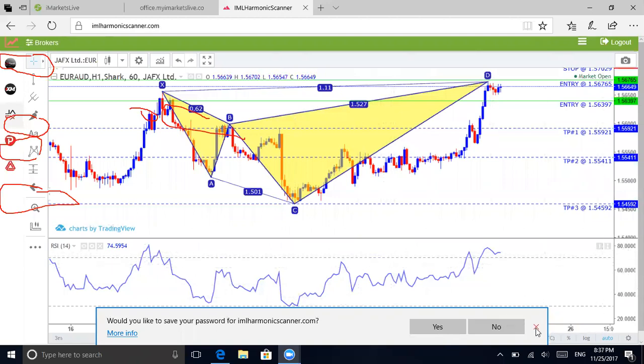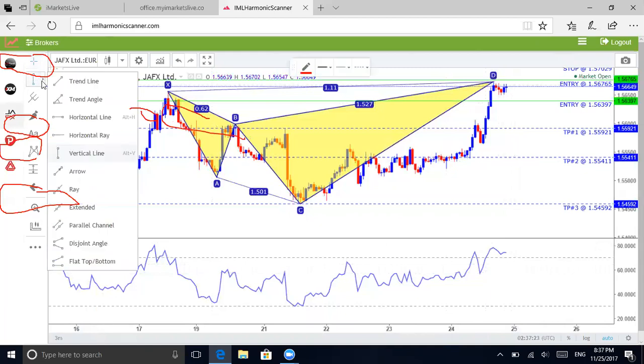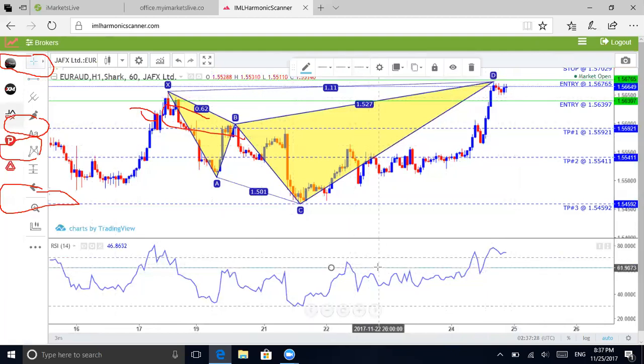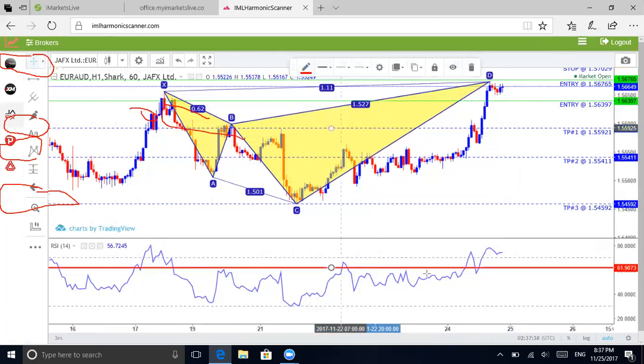Let me tell you what you should know about RSI. So let me put in a horizontal line. If I draw my horizontal line right here, make it thick, make it red. This line right here is showing me on this red is 61.90.